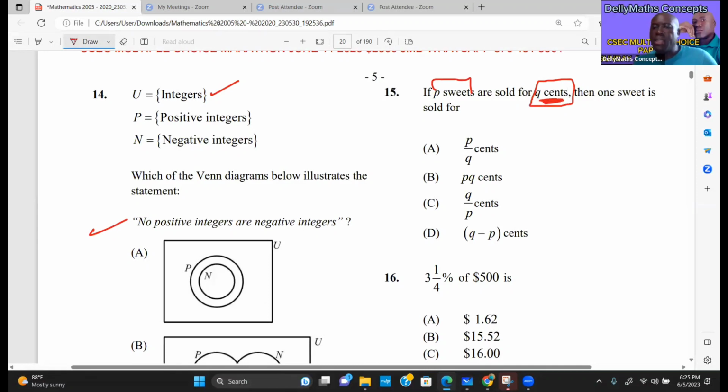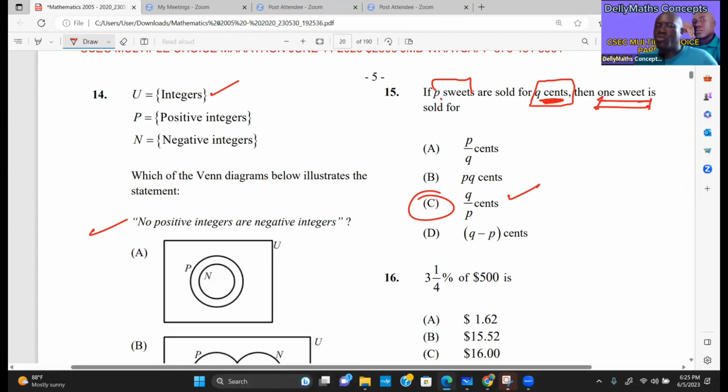In this case, you're going to put the P at the bottom and the money you spend on top. So you're talking about Q divided by P, and that's going to give you what one suite is. Because they asked about one suite, make sure that was at the bottom. If they asked what $1 gives, put the money part at the bottom.